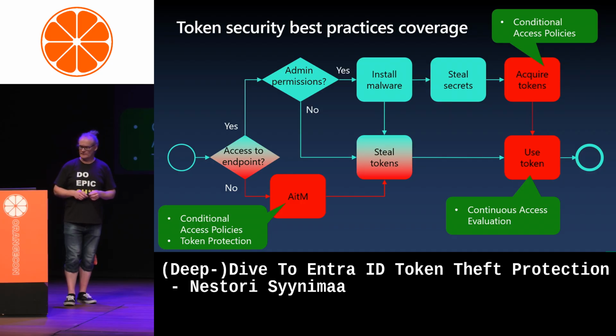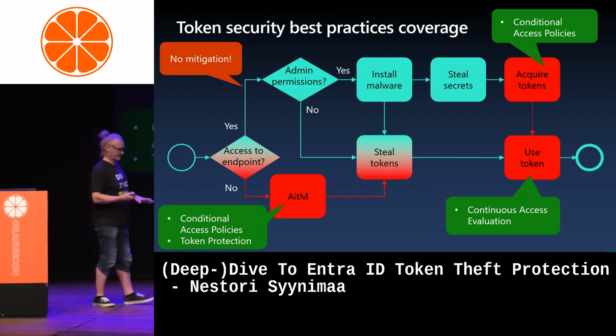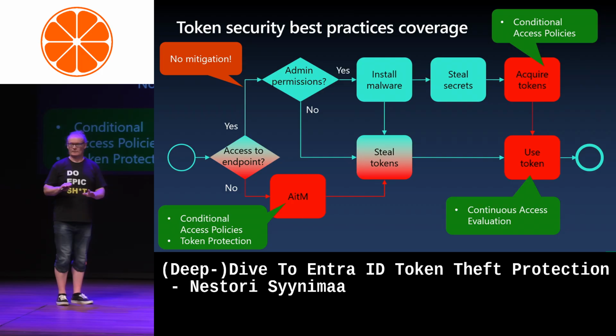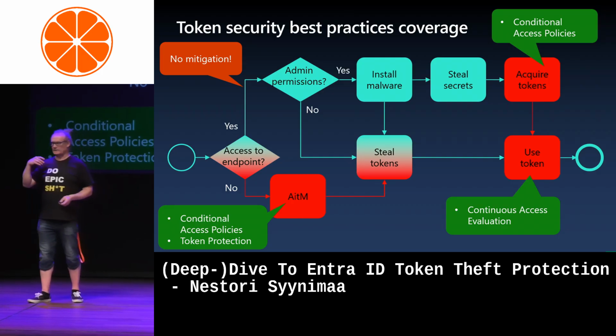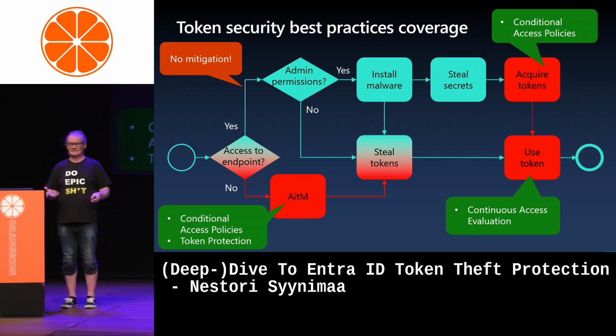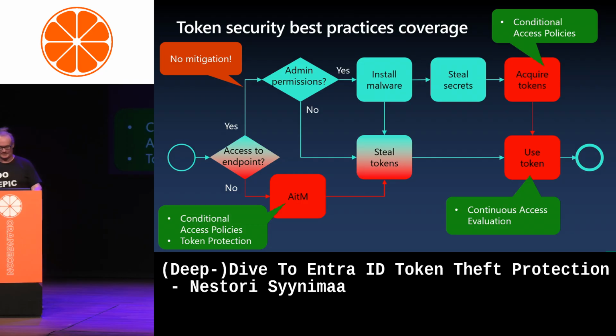And the use of a token with continuous access evaluation. Now, there is no mitigation with these token security best practices if the attacker has access to your endpoint. But there are other things that you can do, like bring your own device: don't do that. Please only allow people to access your services using endpoints that you manage. Otherwise, it's not a good thing.